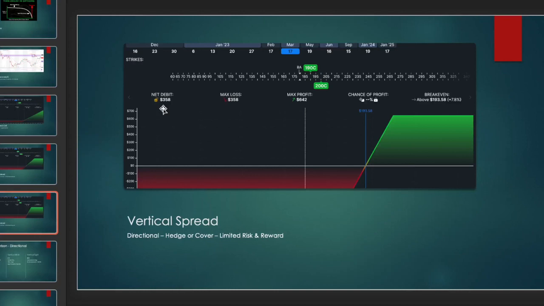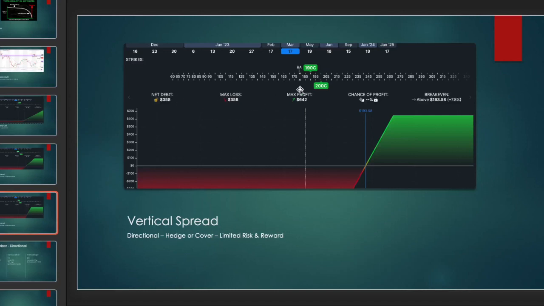Do you really want to go for the cheaper contracts just because they are cheaper, but you have a greater probability of losing everything? Well, in using spreads, and in the case of the vertical spread, you can get a smaller debit or smaller price contract, something that's still like $300, or you can get even $200 or $100, with the spread, but you're not getting something that's so out of the money, so improbable to reach.